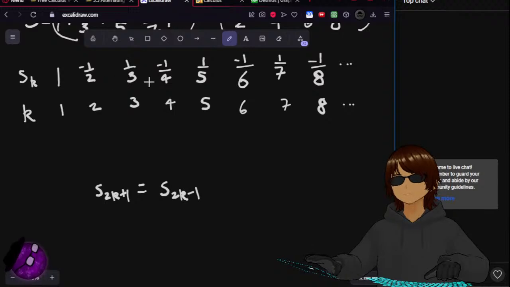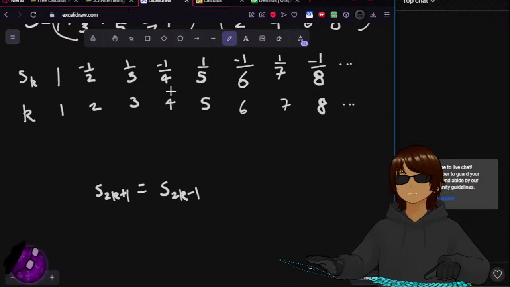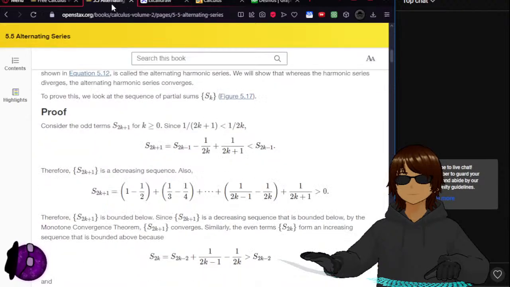So minus 1 over 4 is lesser than both of these. Since it's a decreasing sequence, it's lesser than 1 over 3 and it's lesser than 1 over 4. 3k minus 1 minus 1 over 2k.